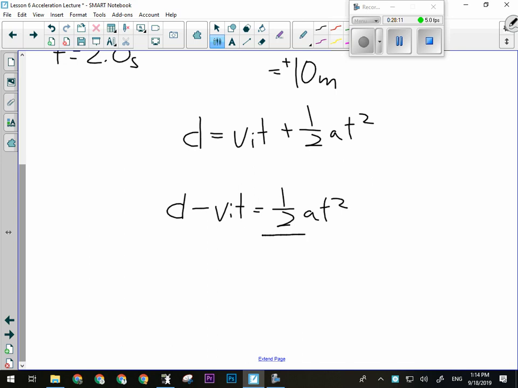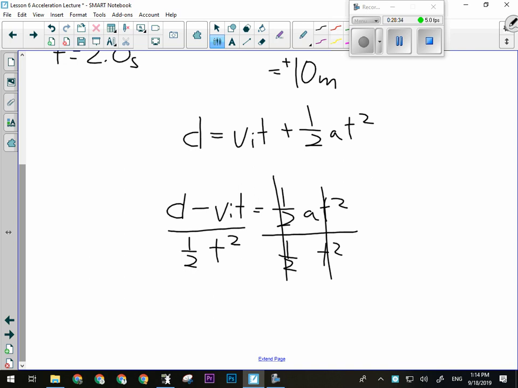These are all being multiplied, so to move them, I divide. See why I don't like triangles? Good luck getting a triangle to do that for you. It will not. So that leaves us with a.